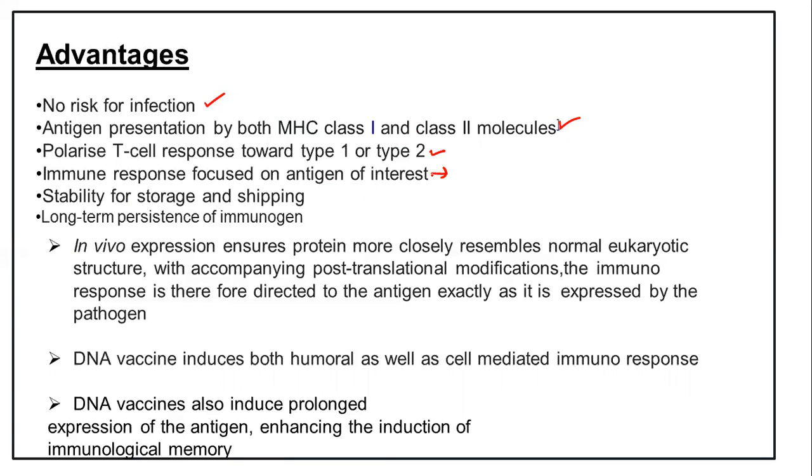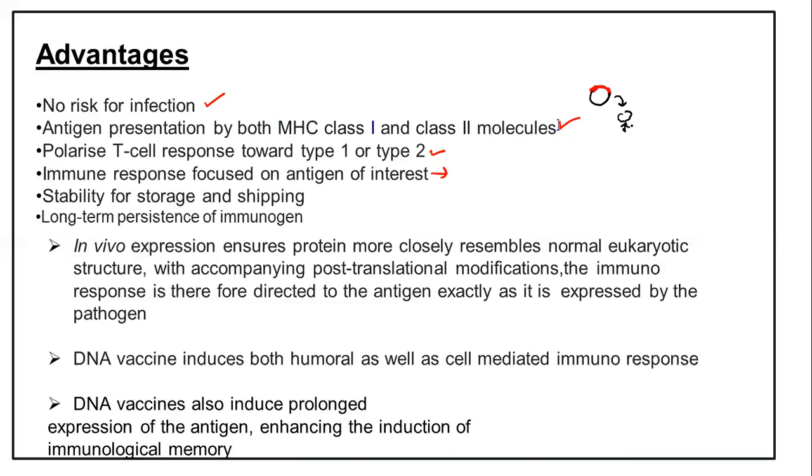It's whatever the pathogen actually contains. Suppose you are engineering the vector construct, this is your insert, and this is the vector part, and this generates a protein which is exactly what the pathogen has.